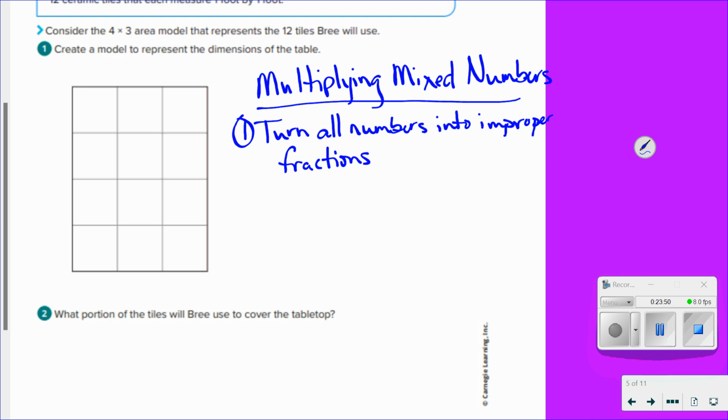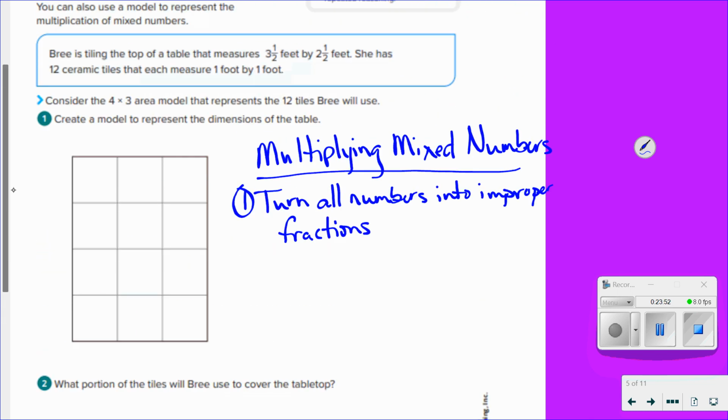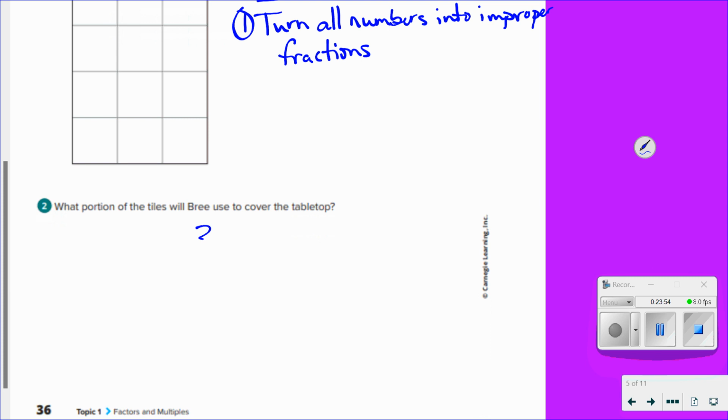Same thing's going to happen in our fractions. So we've got 3 and 1/2 times 2 and 1/2. So mathematically, what is our fast operation? What's our fast operation in math? Multiplication. What's our slow one?